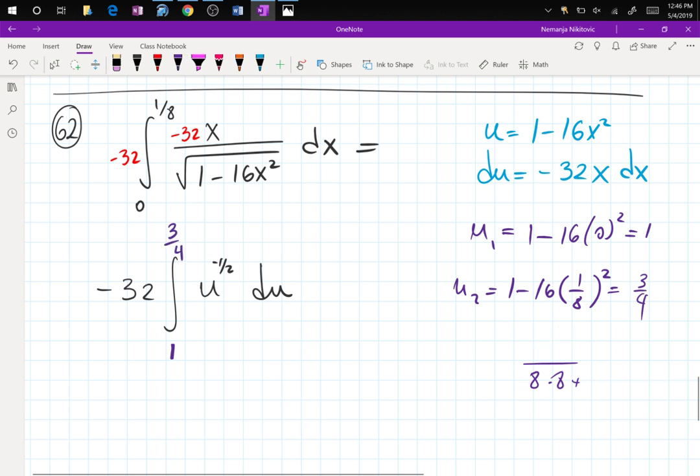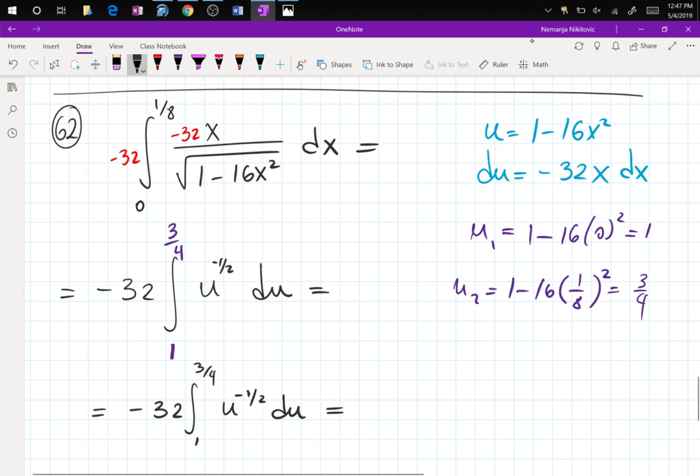You can use a calculator, whatever. I mean, learn quick computing. So negative 32 integral 1 to 3/4 u to the negative 1/2 du.